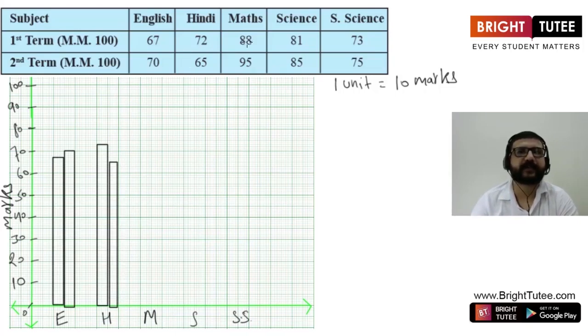And then 88 marks in first term in mathematics. So it will be like this. And then 95 marks in second term in maths. So it will be like this.